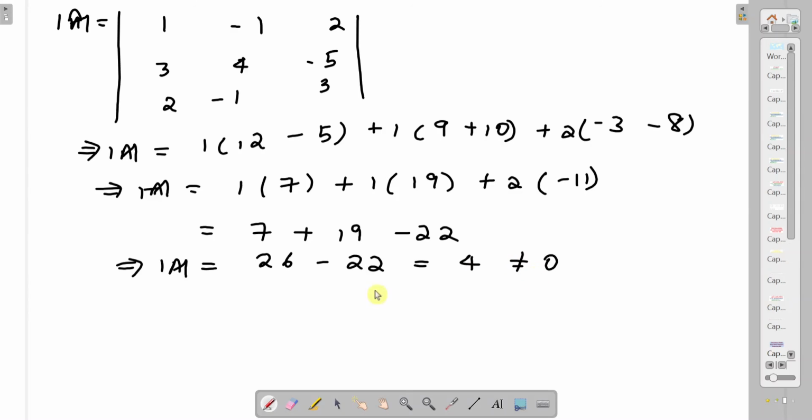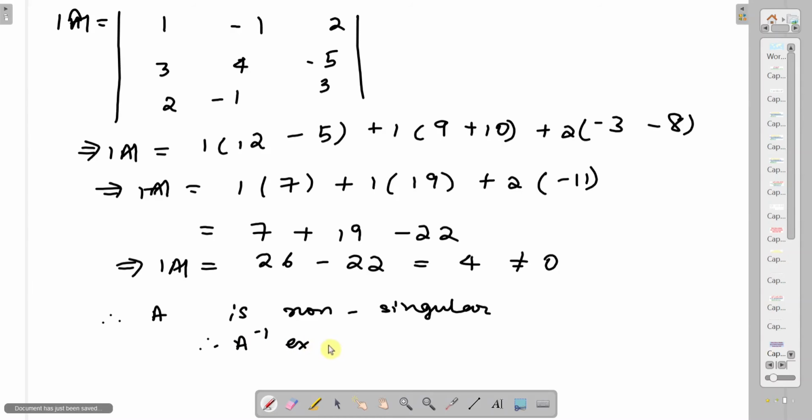So this is not equal to 0, therefore A is non-singular, therefore A inverse exists.